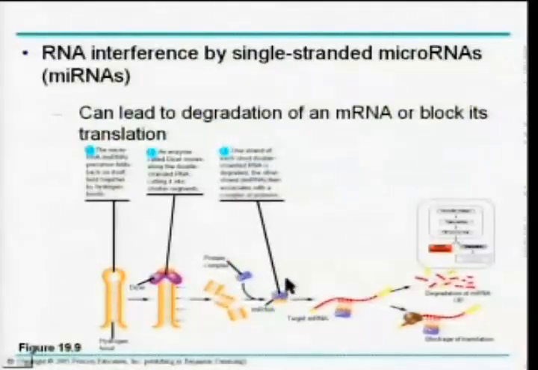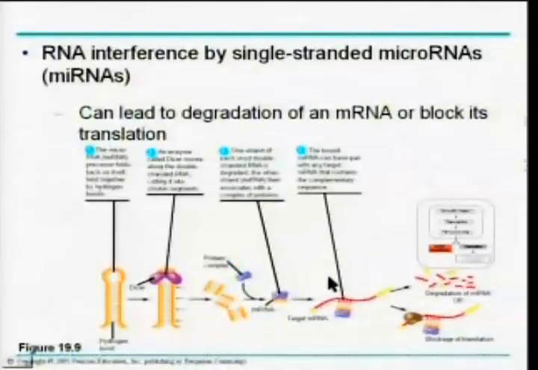With 3 here, we see the little segments coming along, and then a protein complex coming in to become associated with the miRNA. Somewhere along the way, the hydrogen bonds get broken, so it's single-stranded. So one strand of each short double-stranded RNA is degraded. The other strand, miRNA, then associates with a complex of proteins.